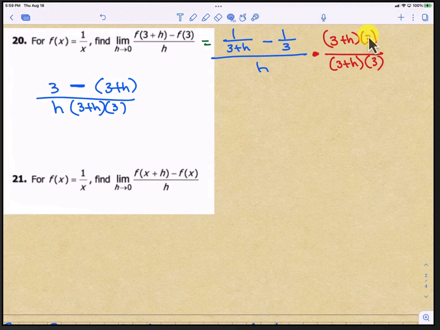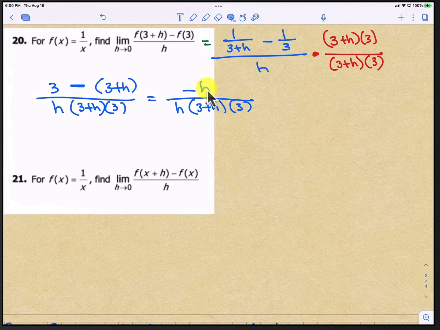Then if you multiply this common denominator times 1 over 3, the 3 on the bottom here cancels with this 3, and that leaves you with 1 times 3 plus h, which is just 3 plus h here. And then we bring down the minus that's in the middle. The 3 minus 3 cancels out, and then the h becomes negative.